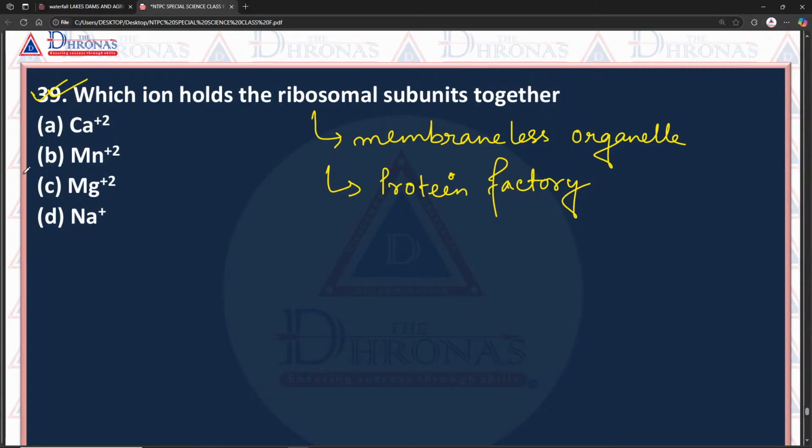So ribosomal subunits, ये जो 70S, 80S थोड़ी देर पहले डिस्कस कर रहे थे, 70S में आपका 50S, 30S रहता है. So they are attached. अटैचमेंट के लिए जो आयन रिस्पॉन्सिबल है वो है आपका मैग्नीशियम आयंस. ठीक है, Mg2+.